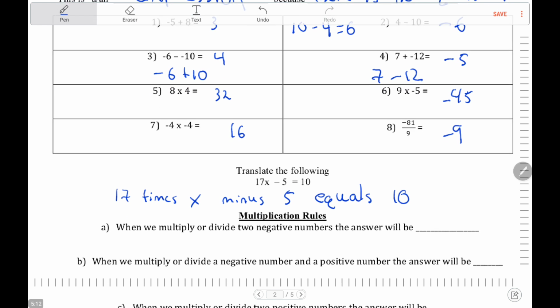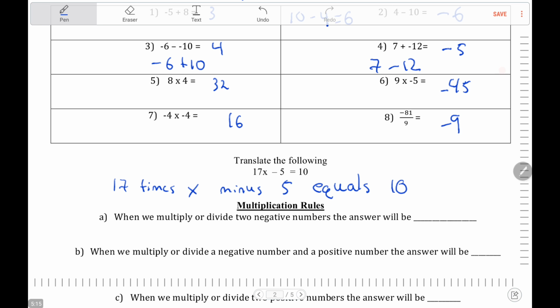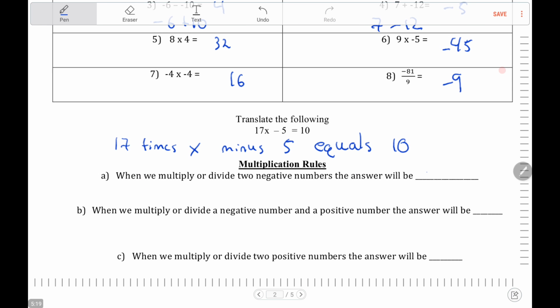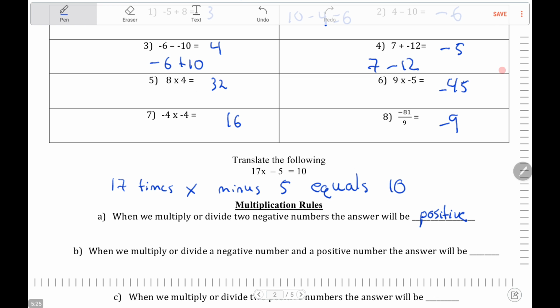Okay, when we multiply or divide two negative numbers, the answer will be positive. You can look at number 7 to see what happened.